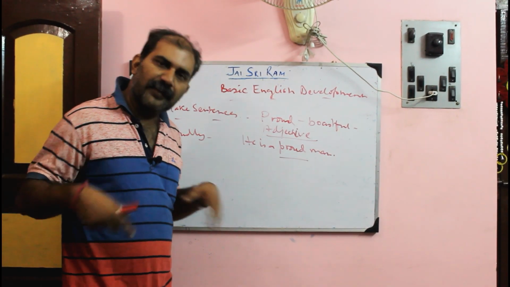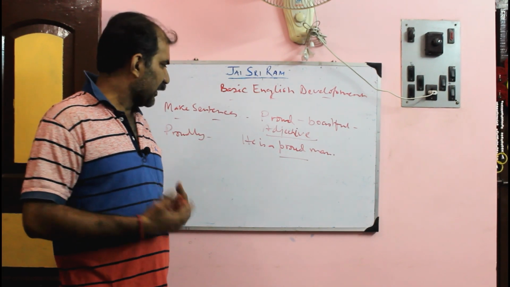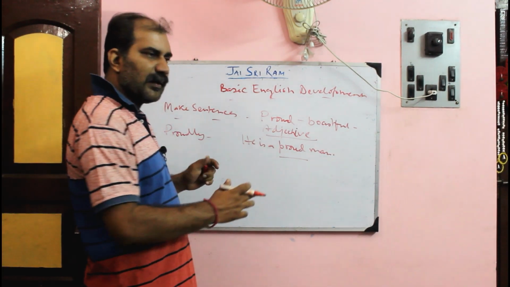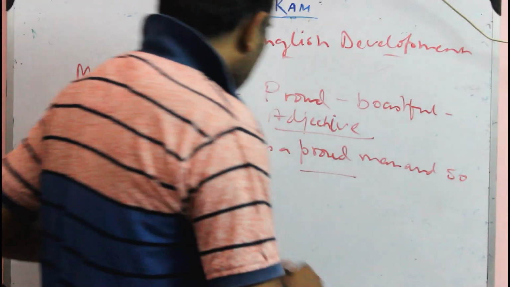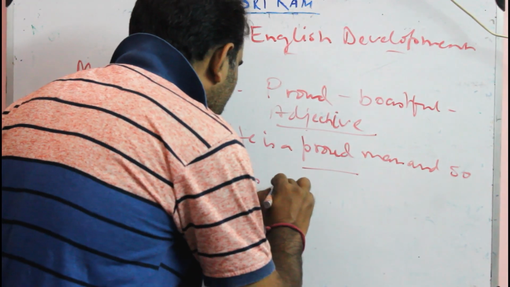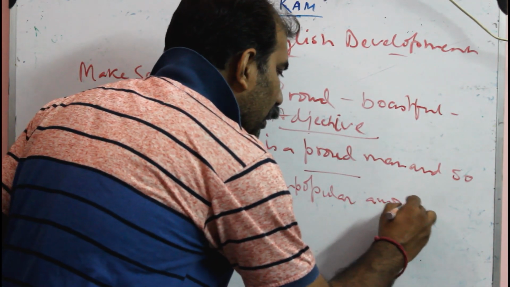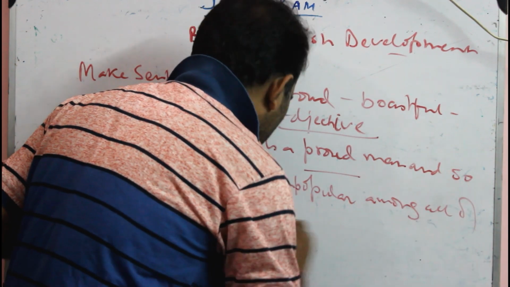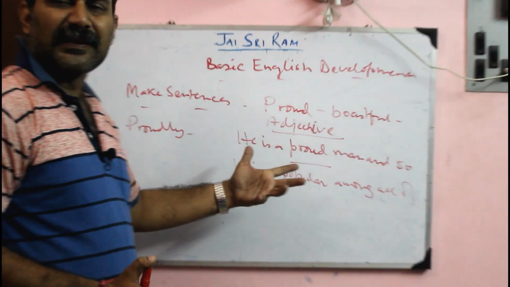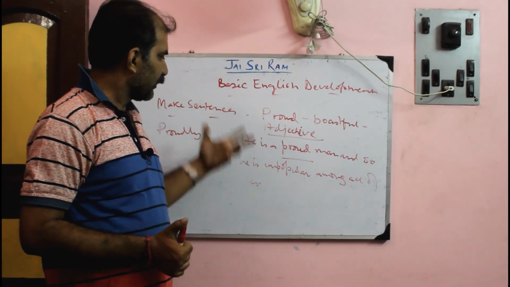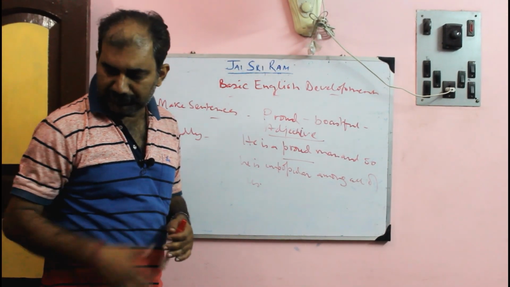But if you want to develop English writing skill, make a sentence with 10 words: he is a proud man, and so he is unpopular among all of us. This is a big sentence, and if you can make big sentences with 10 words or more, then automatically our language skill will develop.